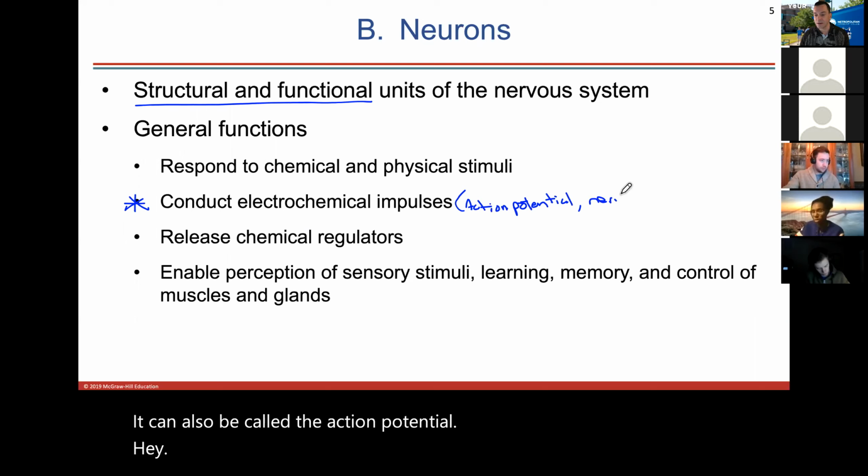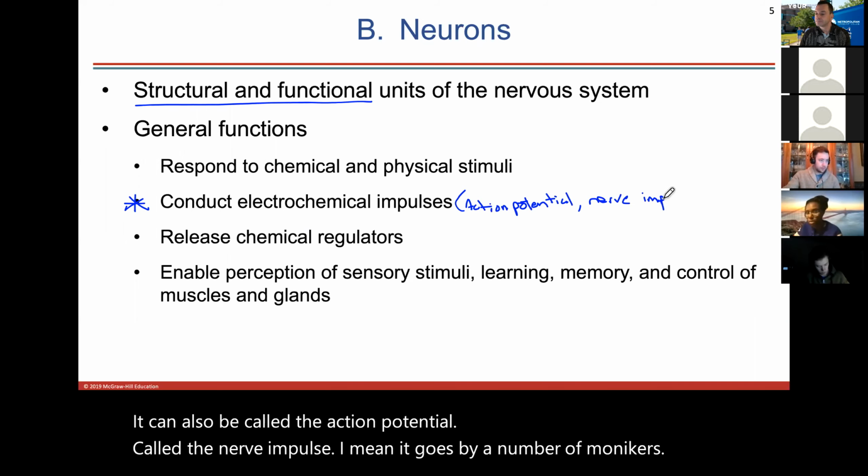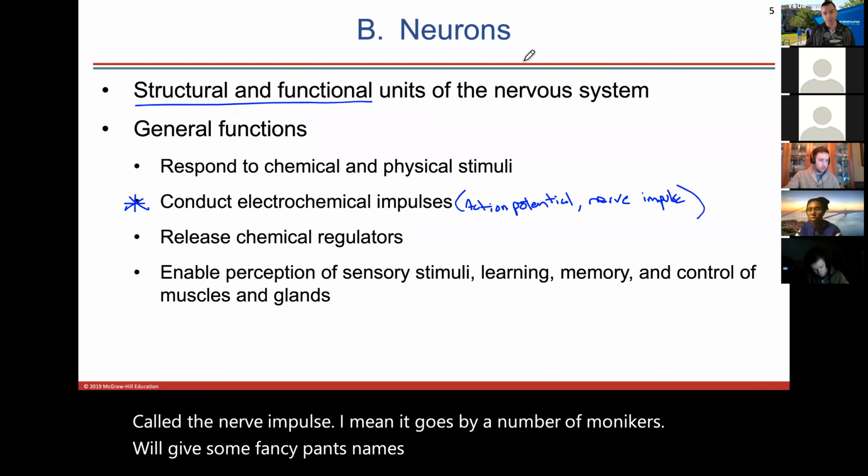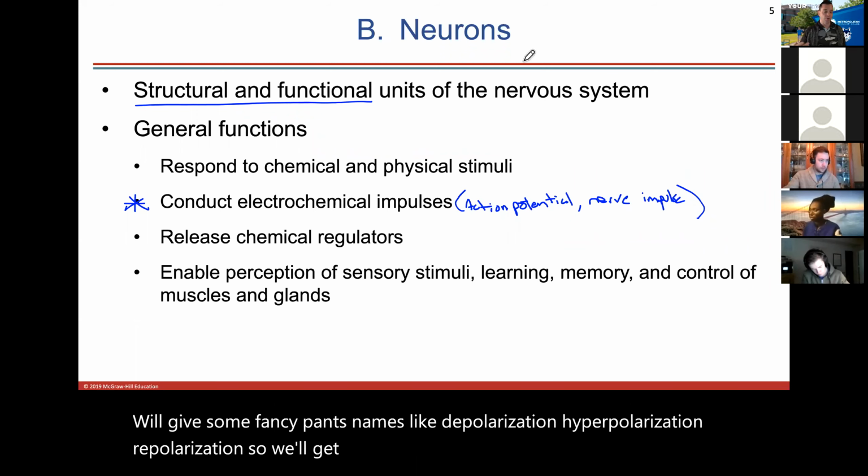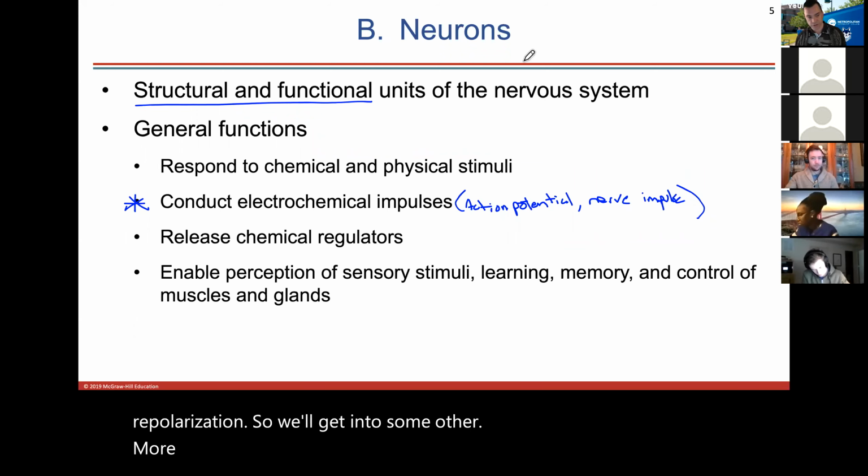I mean, it goes by a number of monikers. We'll give some fancy pants names like depolarization, hyperpolarization, and repolarization. So we'll get into some other more descriptive terms of what's going on in this neuron in a little bit.